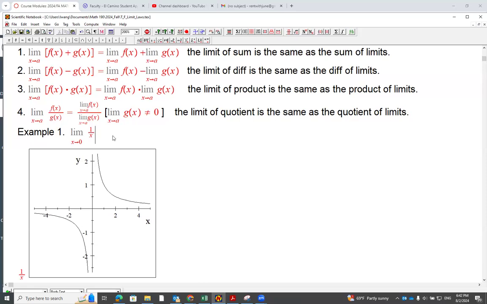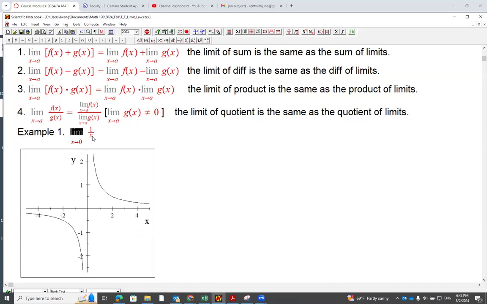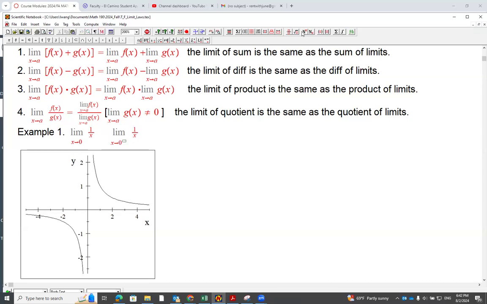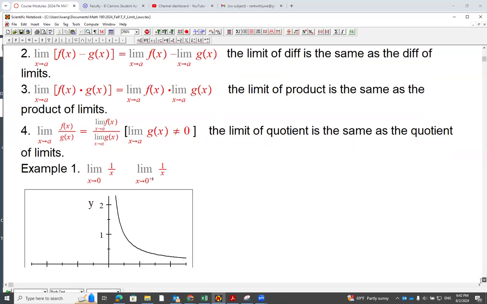1 over x. Does it have a limit? The answer is no. It doesn't have a limit. From the graph, we can see that as x is approaching 0 from larger than 0, let me make the font just a little bit larger so we can all see the notation properly.